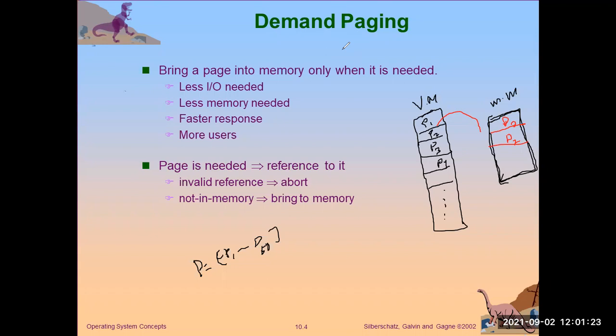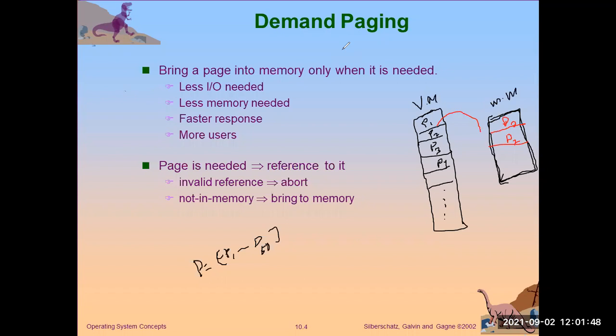If it is an invalid reference, if the page that is needed or demanded is invalid, we will abort the program. That means the page that is requested is out of this program. Suppose the program P consists of page number 1 to page number 50. Now suppose the CPU is requesting page number 100.